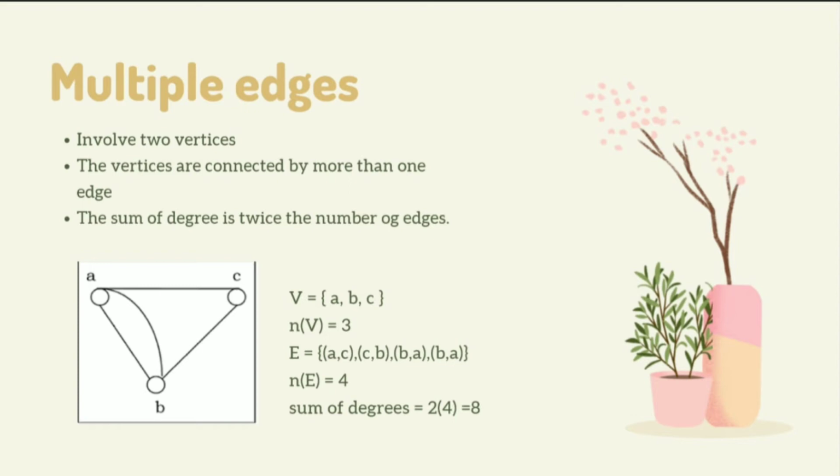Look at the way I denoted vertices and edges. V equal to curly bracket A, B, C, and curly bracket again. We must know how to denote vertices and edges because in our exam, we need to do it correctly. If you look to the denoted edges, you can see there is 2BA.